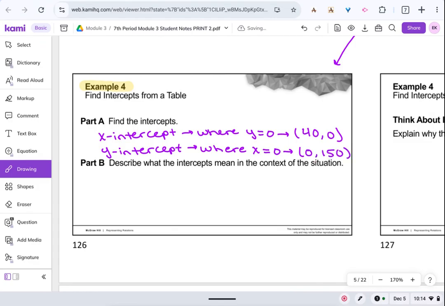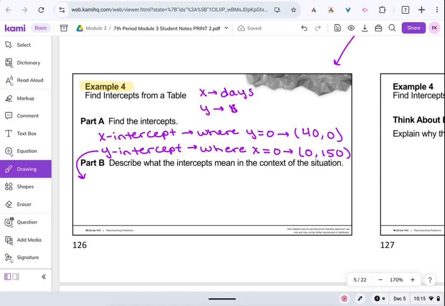Now we're going to actually describe what these mean in the context of our problem. I'm going to start with the y-intercept first, just because this one makes the most sense to start with. So our y-intercept, again, remember that x is our days, and y is the amount of money that's in her bank account.